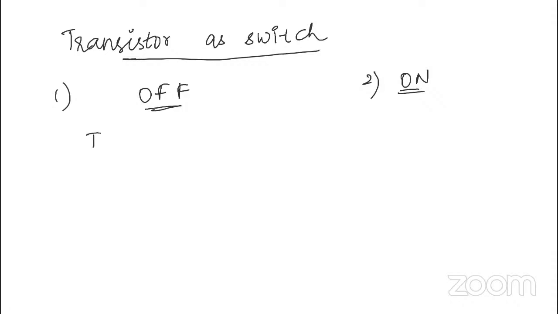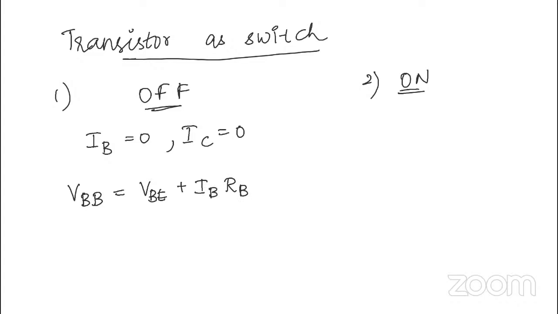So IB is equal to 0 and IC is equal to 0. Now when we write the voltage equation, VBB, where B represents the base, equals VBE plus IB into RB. We can write such an equation.